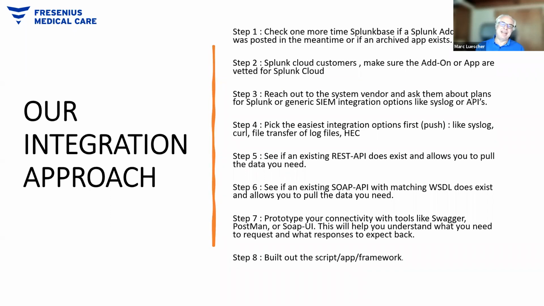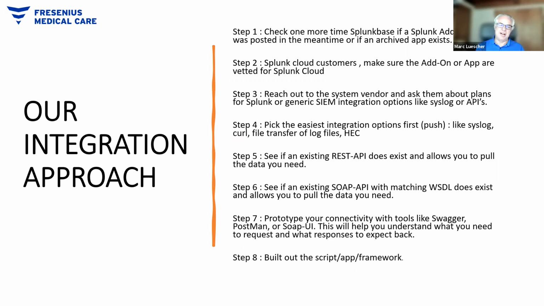Once you have an understanding of how you can get the data, if you're using APIs, you should prototype your connectivity with one of the 3 tools here. There are many others on the market, but those are the ones you will find the most support from the business side.